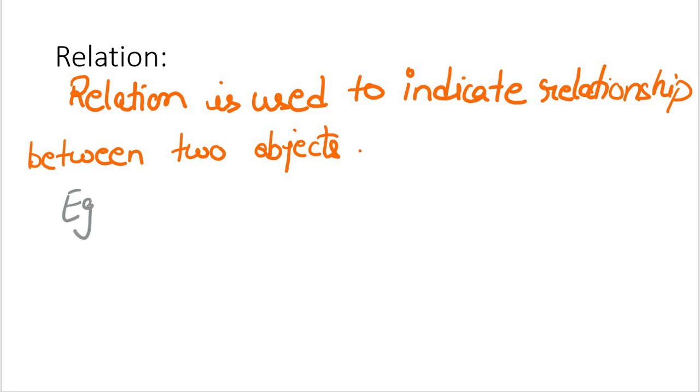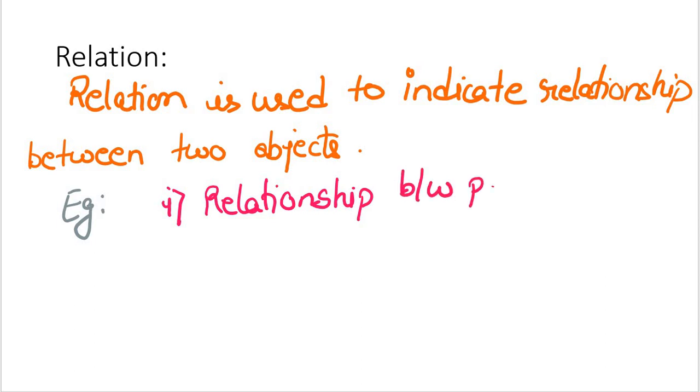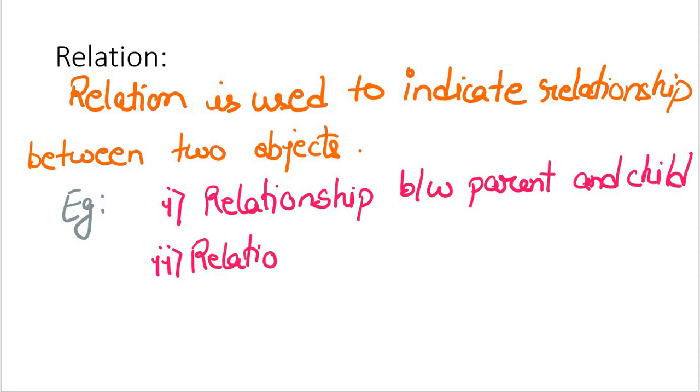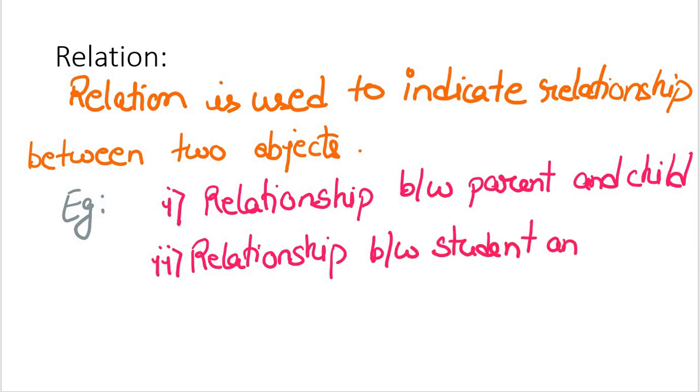For example, I can have a relationship which can be between, let's say, parent and child. I can have a relationship between a student and teacher. This kind of relationship also exists.